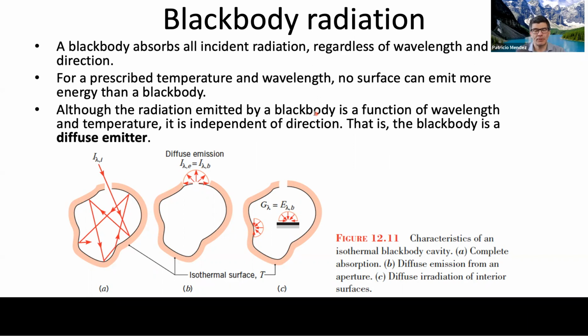This is much the opposite of a laser that emits things in a single direction. In a black body, it emits in all directions or absorbs from all directions with the same intensity. Okay, so that's a black body. And what matters is we're going to be using black bodies a lot, especially to approximate real bodies.